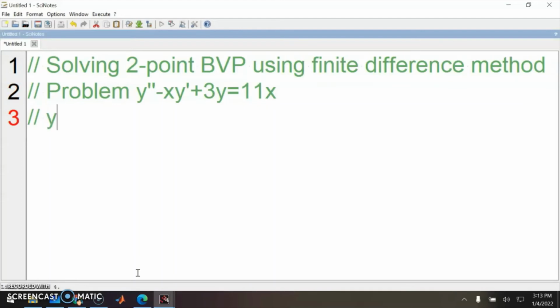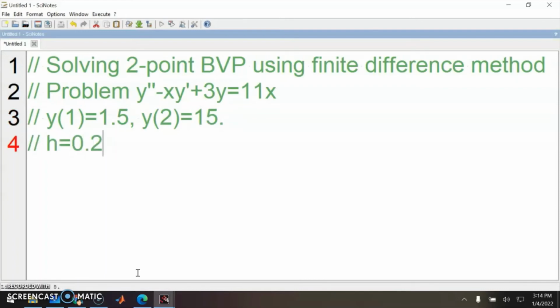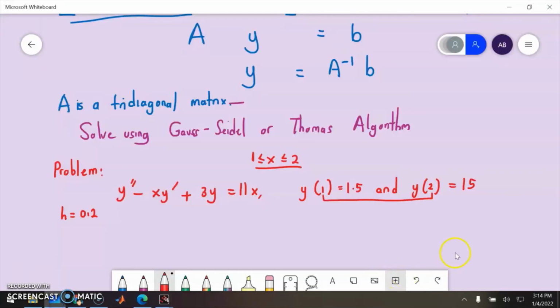The condition given is y at 1 equals 1.5, and the other condition is y at 2 equals 15. This is our alpha, 1.5 is our alpha and 15 is our beta. Also given h equals 0.2.